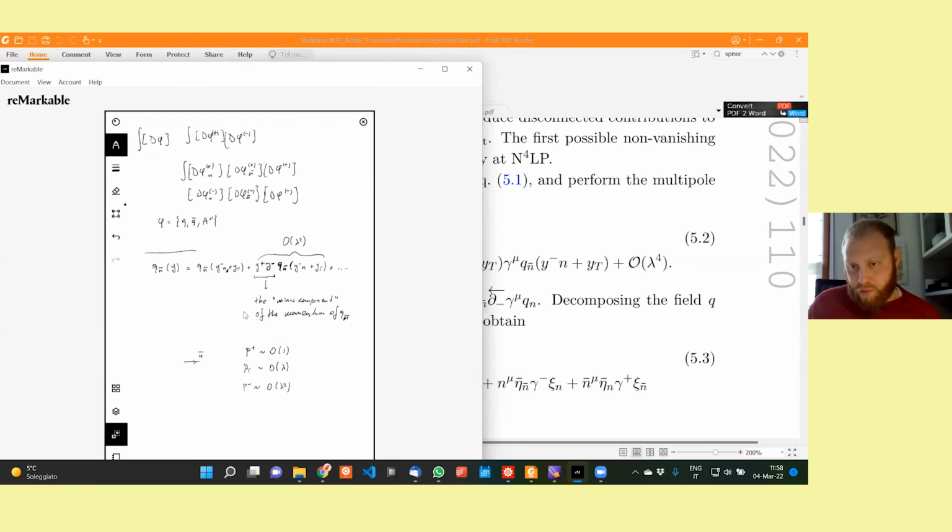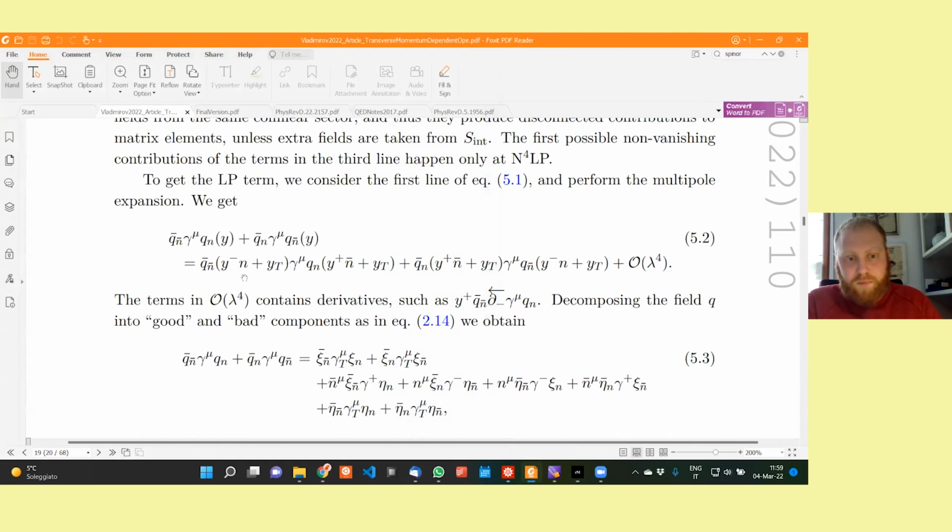So if you want to do just leading power, so leading order, when I say order, I mean in this suppression parameter, when you want to compute it at tree level, so leading power, leading order, you can get rid of all these order lambda squared contributions. And if you have a pattern that is n collinear instead of n bar collinear, the plus and minuses in these relations are exactly interchanged, and therefore you get this kind of expression where you have the Qn that is y plus yt, Qn bar that is y minus plus yt.